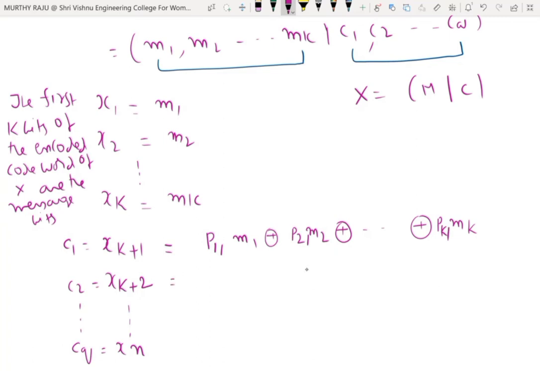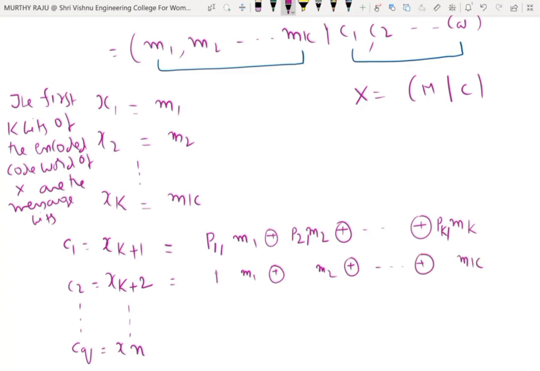In this way, you have to frame the linear combinations. Here again m1 exclusive OR with m2 exclusive OR with and so on mk.